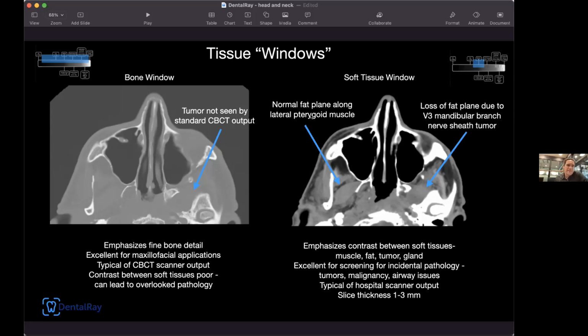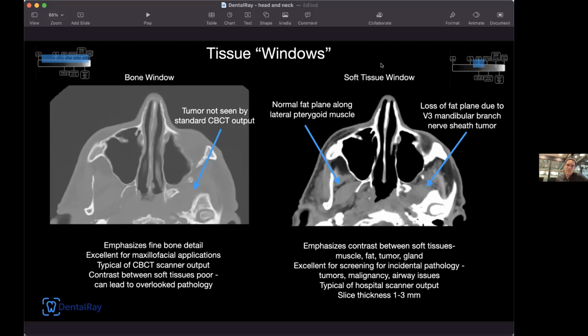So on the left side of the screen, you can see the difference between cortical and trabecular bone at the temporomandibular joint of the condylar fossa. This is what's referred to as a bone window, where you're taking a very wide view. If you look at the spectrum, you're taking all the grays and the whites, and you're showing all the gradations.